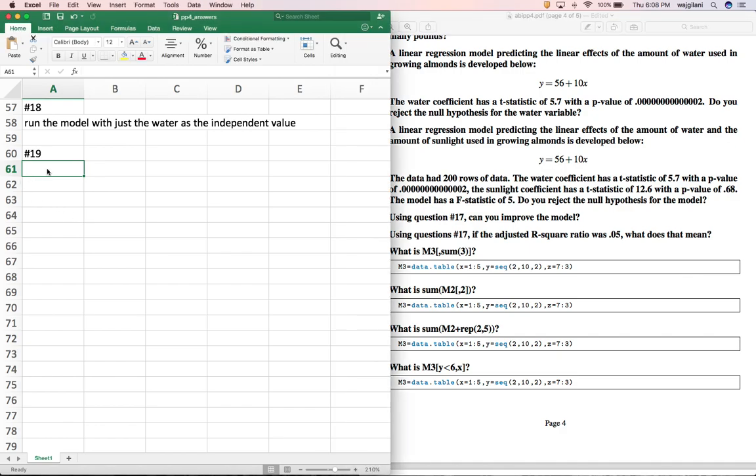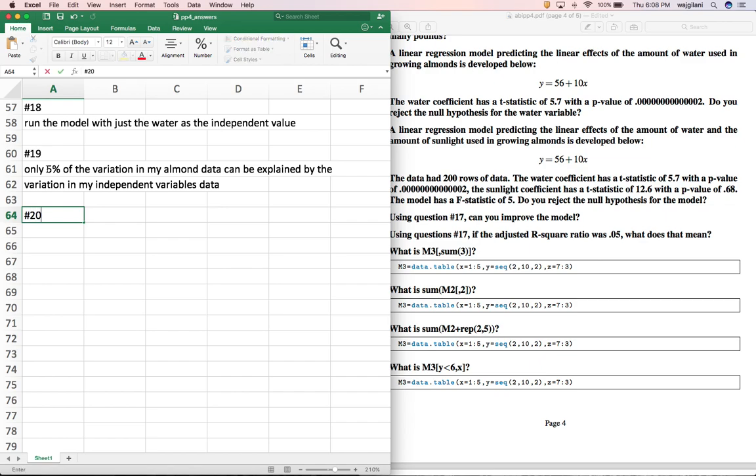So here it means basically only 5% of the variation in my almond data can be explained by the variation in my independent data. And there it is, right? That's simple. All right, number 20.